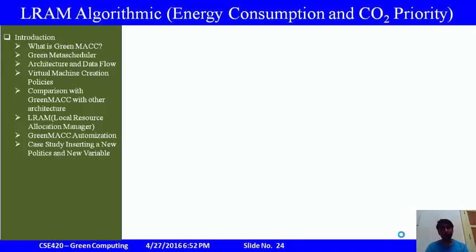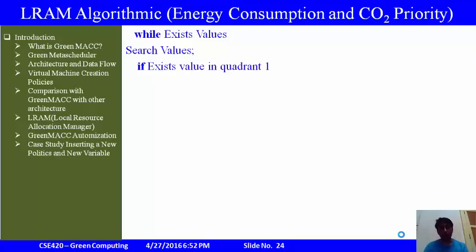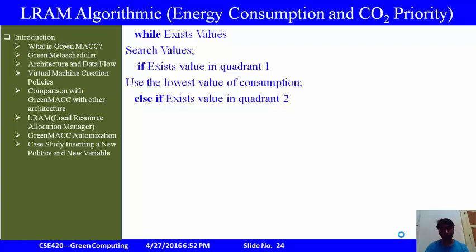Now we come to the LRAM algorithm, which was used to determine the energy consumption and CO2 priority. It starts with a while loop with the condition of exist value. Then it searches for values. If exist value is in quadrant 1, then the statement to be executed is use the lowest value of consumption, else if exist value is in quadrant 2.